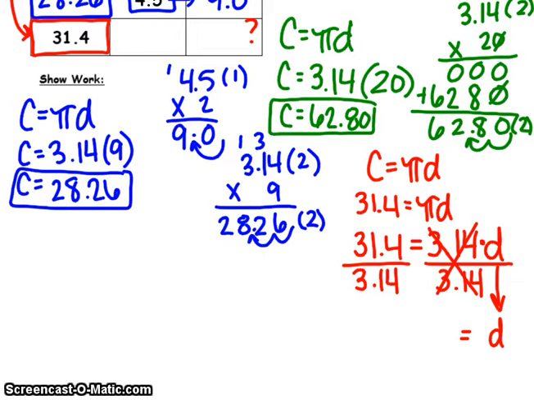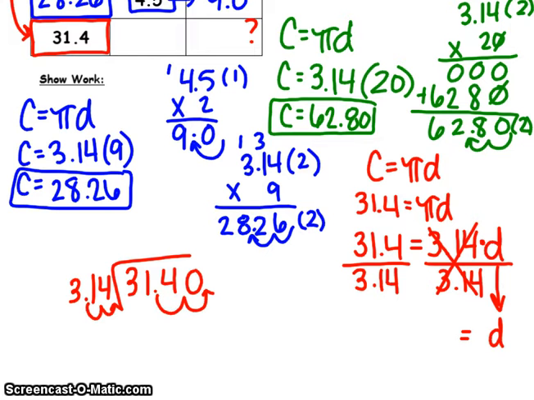So let's go ahead and do that off to the side. 31.4 divided by 3.14. Well, I cannot divide by a decimal, so I need to move over my decimal 2 places, 1 and 2. If I do that on the outside, I have to do that on the inside as well, 1 and 2. And I've got to add a 0 here. So I have 314 going into 3,140. Okay, well, I know 314 doesn't go into 3.